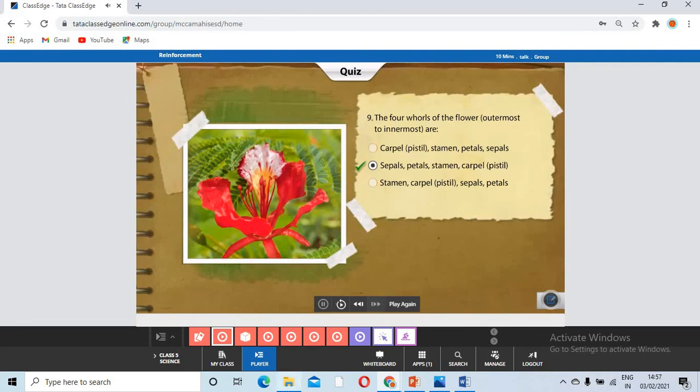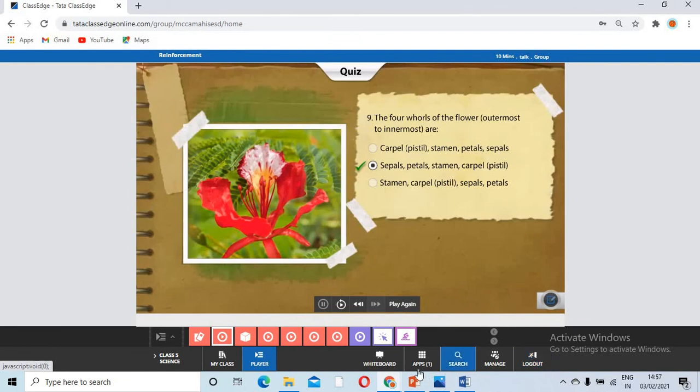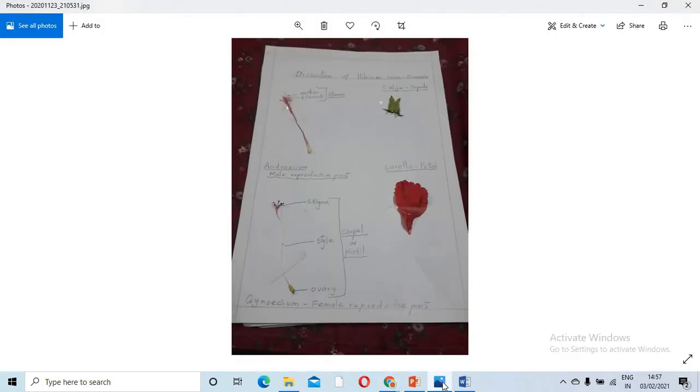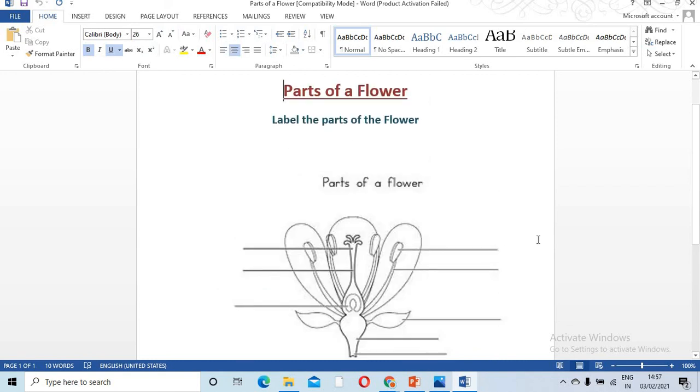Okay, so we have completed the quiz, and I want to show you one worksheet, children. I will be sending this worksheet through the Google Classroom.